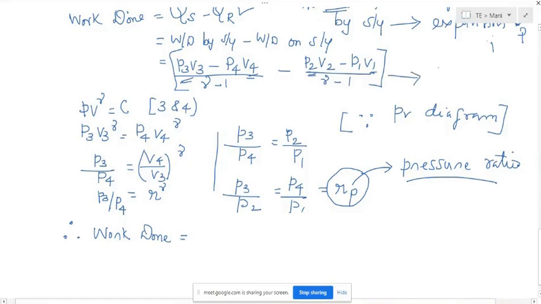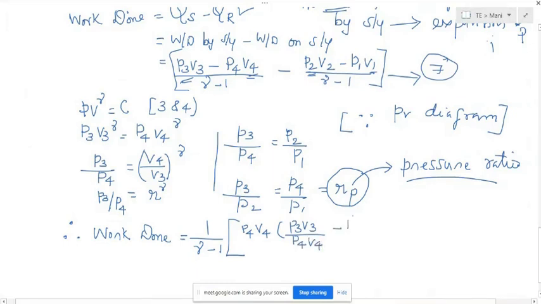We already gave equation number 6, I think, so you can name this 7. From equation 7, take the gamma minus 1 in the denominator outside commonly. In the numerator, simply take P4 V4 outside for the simplification process, so P4 V4 into P3 V3 divided by P4 V4, minus 1.